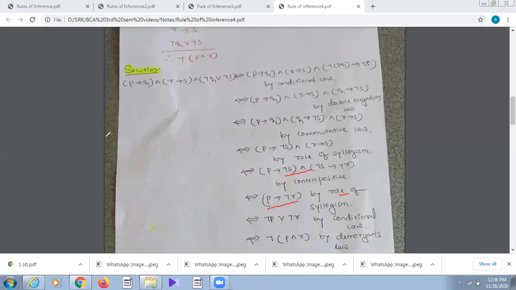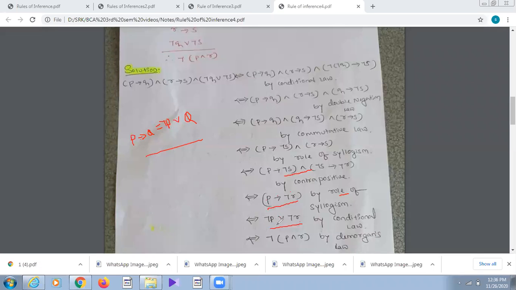Now I have to solve this one. So p conditional q is equal to negation p or q. Okay, so this is the conditional law. So p conditional negation r is there, so apply this one. So negation p, and the conditional will be disjunction, negation r as it is. So we applied the conditional law.